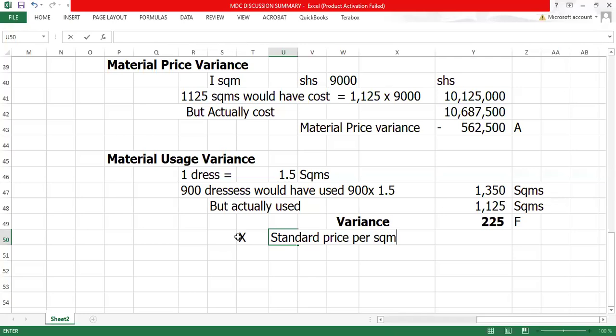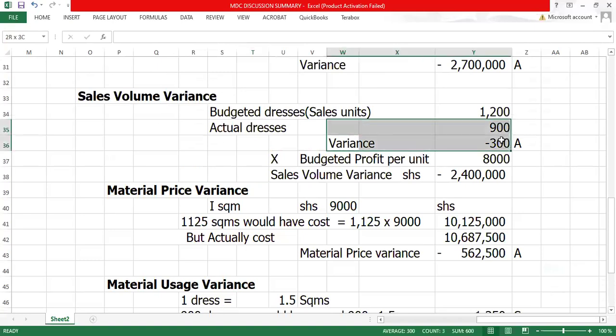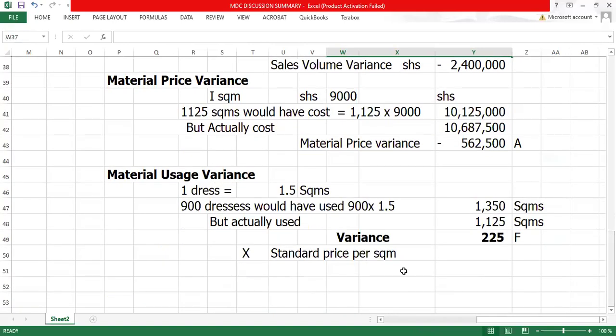When you're converting, always use the budget, don't use the actual. Like the same way I told you here, when you're converting this one, you use the budgeted price per square meter. What was our budgeted price per square meter in terms of amount? We had budgeted to spend 9,000 per 1 square meter. That was our budget.